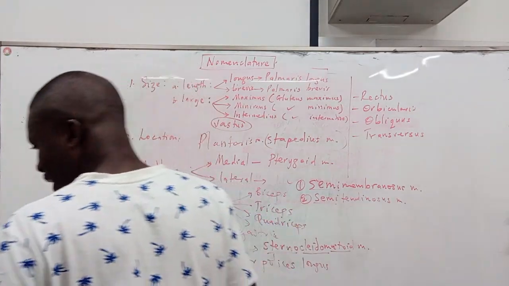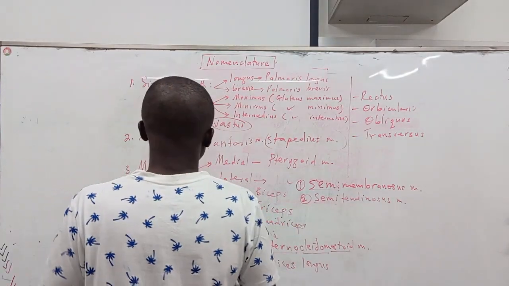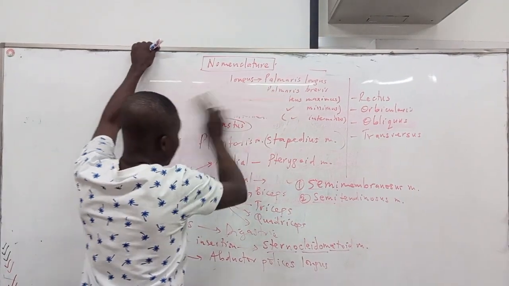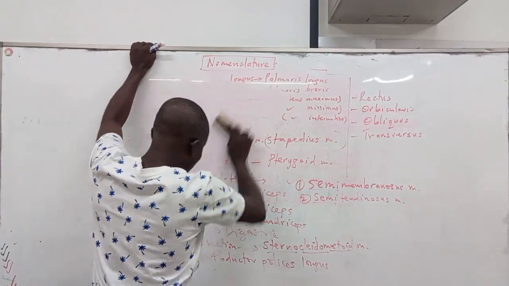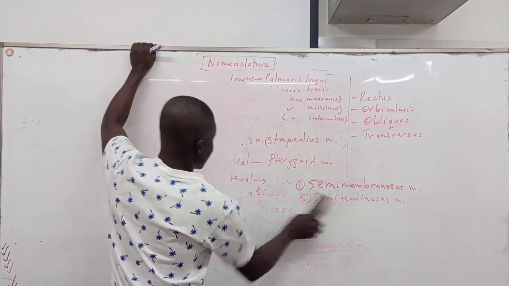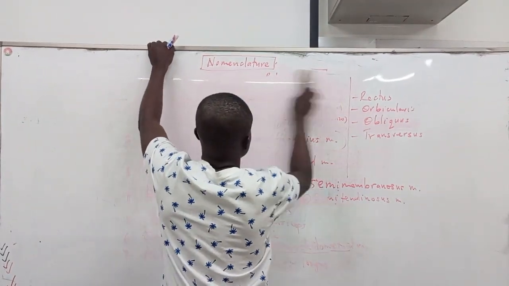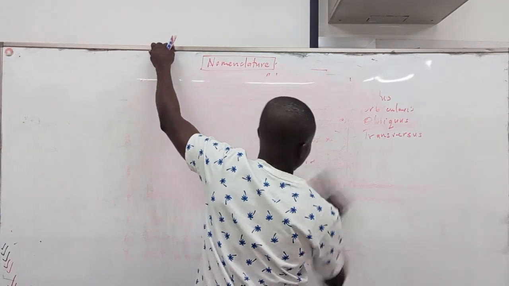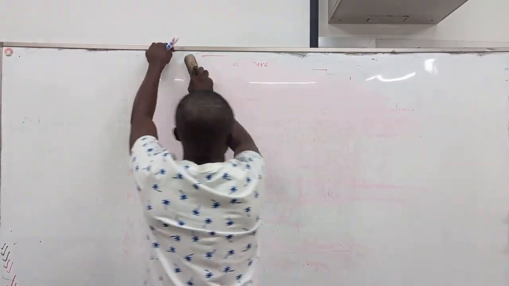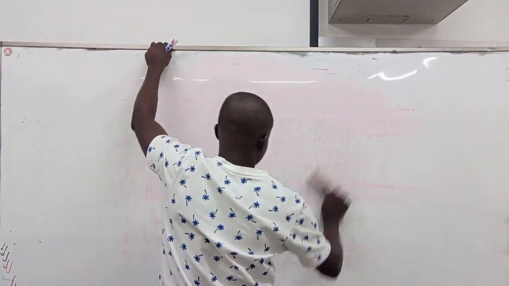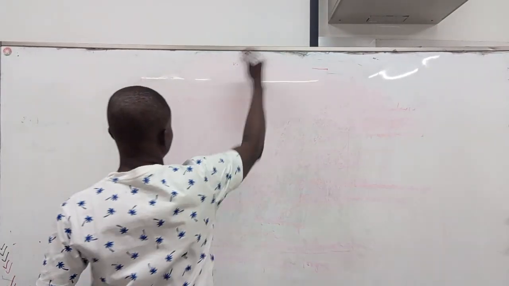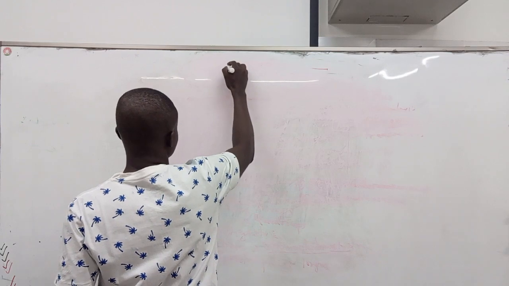So that is the last thing that we will do for today, and then, of course, we will continue the next time. Skeletal muscle fibers: we have 3 kinds.